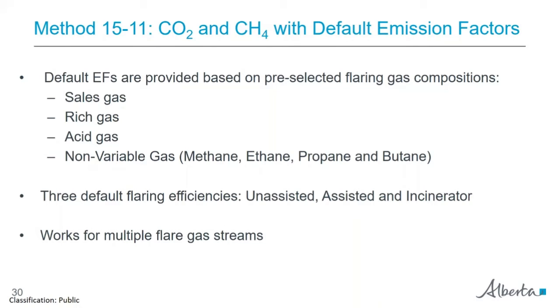This methodology also works for multiple flare gas streams. You can apply different emission factors based on the provided default emission factors to your flare gas streams, and then sum up all these gas streams to get your total flaring emissions. Next slide, please.